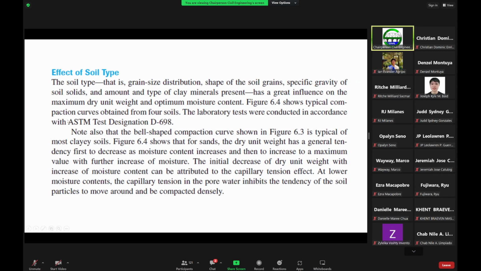Please take note that the bell-shaped compaction curve shown in the figure we have just seen earlier is typical for most clay soils.